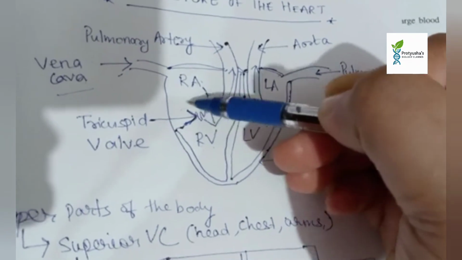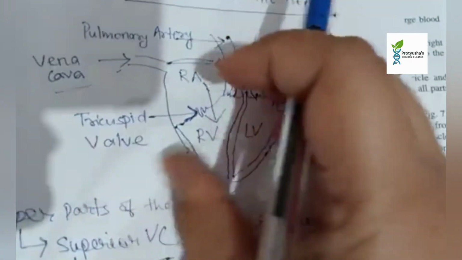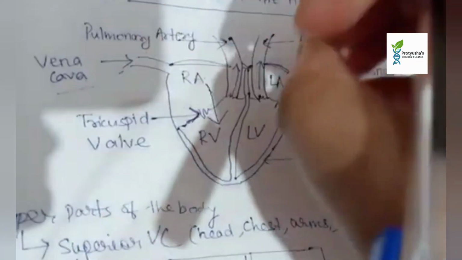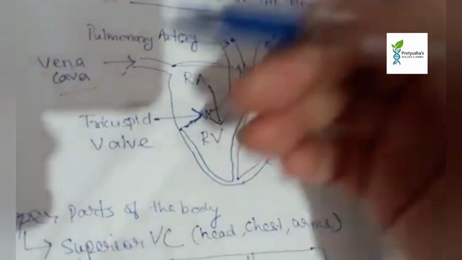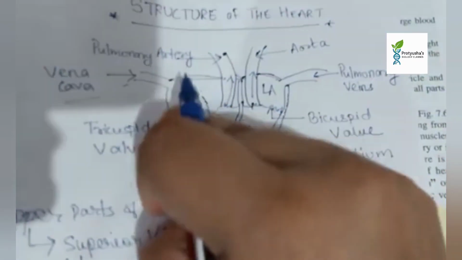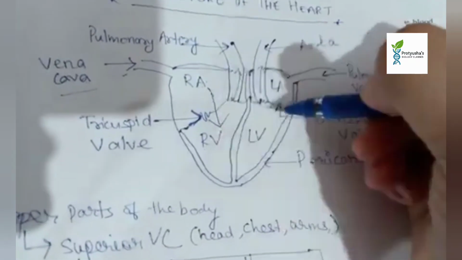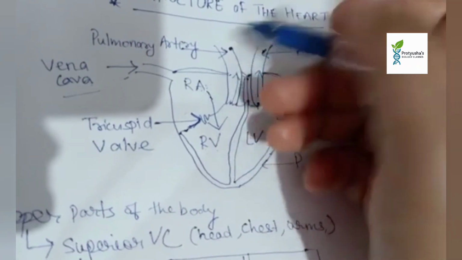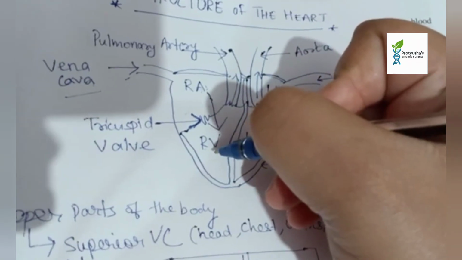A valve is like a gate. When the auricles contract, they squeeze, the blood comes down. Like a balloon, if we squeeze the balloon, the air will come out. Same way, as soon as these auricles are squeezed, the blood comes down to the ventricles. So when the right auricle contracts, the blood flows down to the right ventricle.